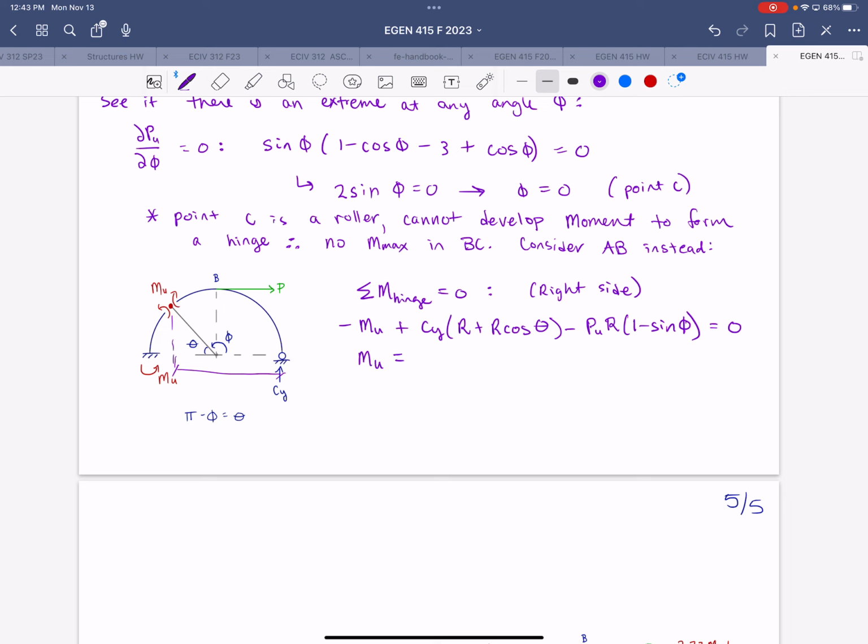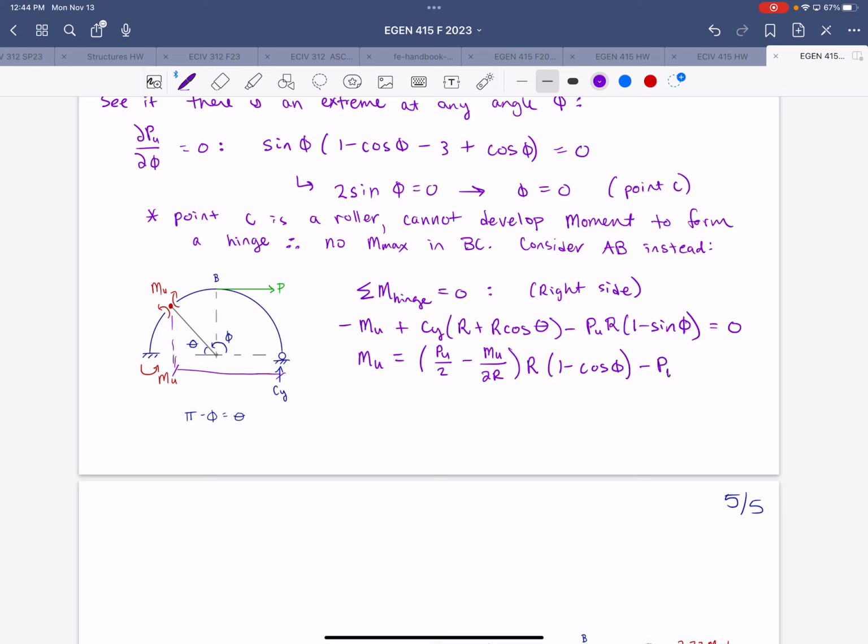So we have mu is equal to, in parentheses, pu over 2 minus mu over 2r, and that is multiplied by r and 1 minus cosine of phi. Let's see. I'm going to come back to that in a second.